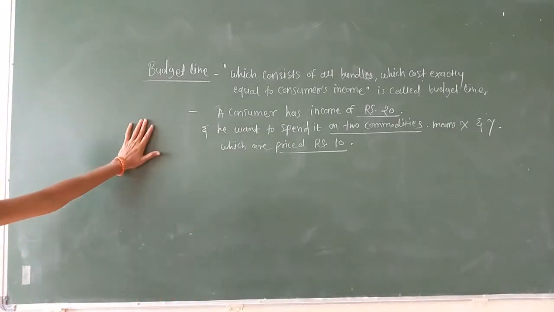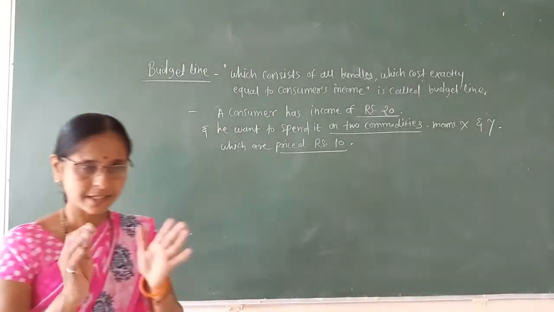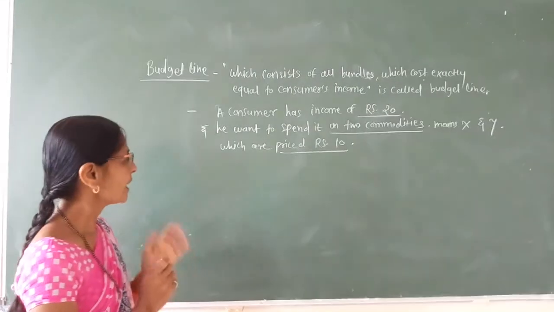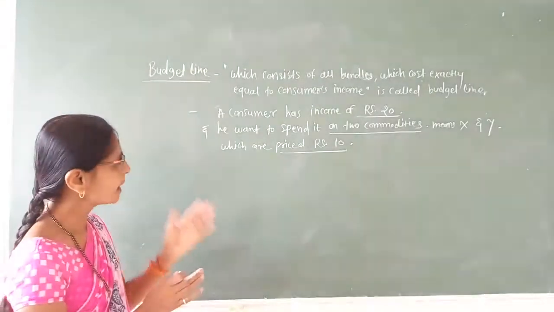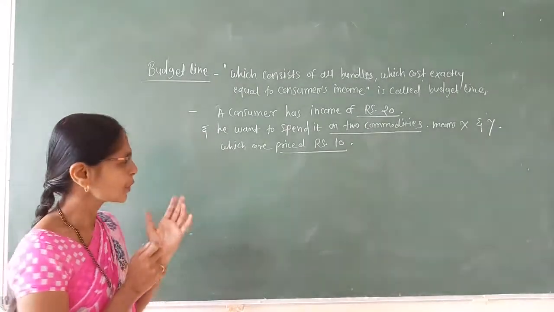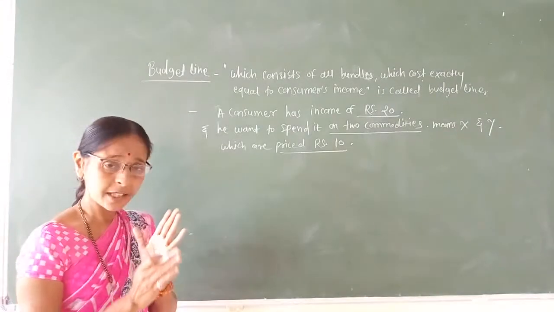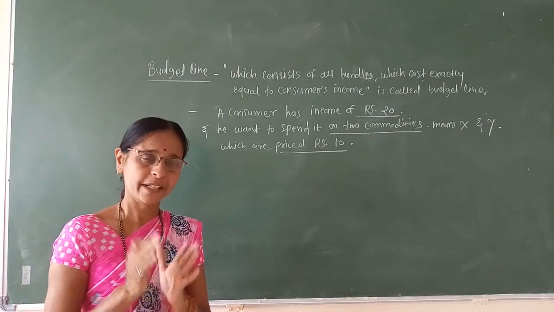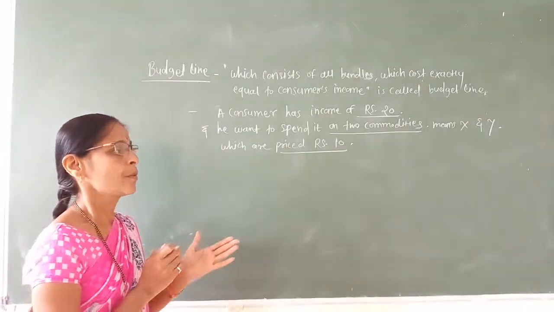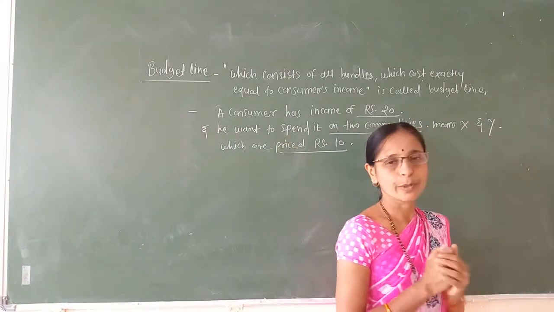See students, a consumer has an income of 20 rupees, and he wants to spend his entire income only on two commodities, the X commodity and the Y commodity.